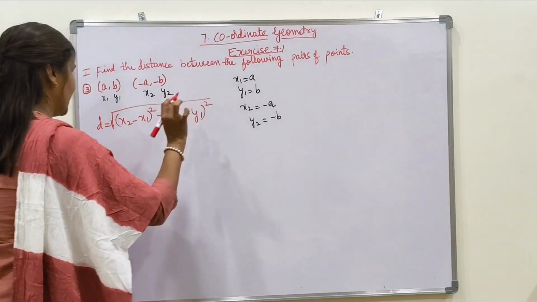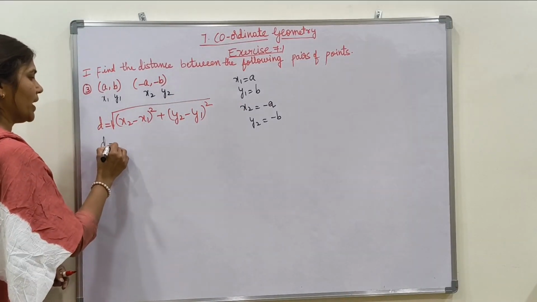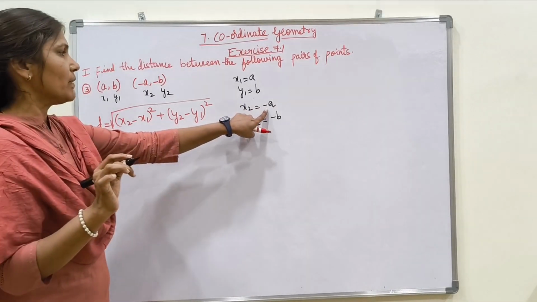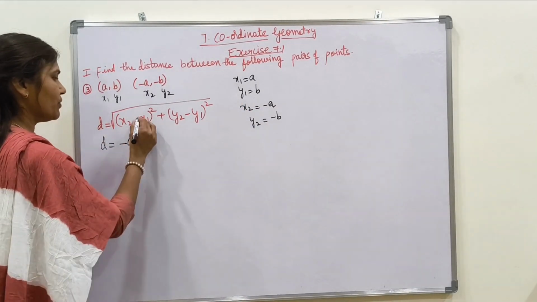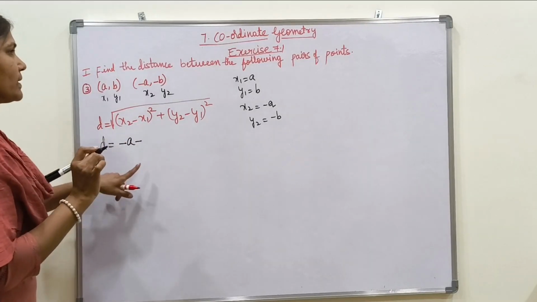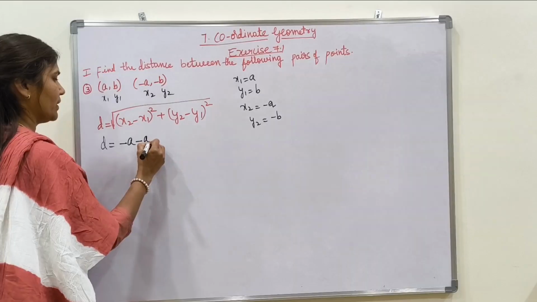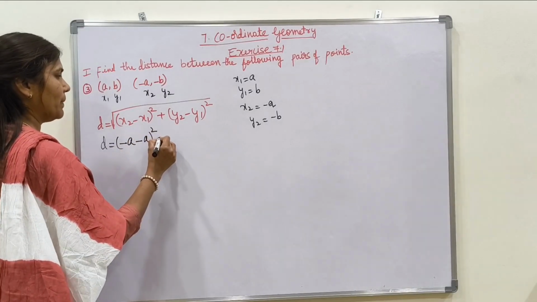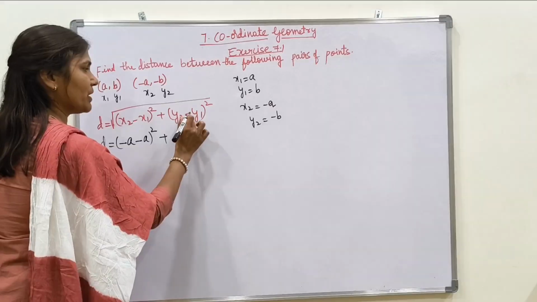Now see here. Carefully we will apply. Minus sign is there, carefully we will do. D is equal to x2 means what? Minus A. In the question minus is there. Next x1 means A, whole square plus y2 means minus B. In the question minus is there.